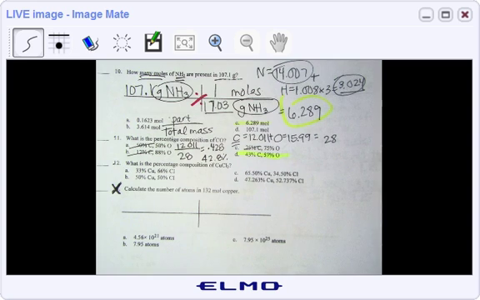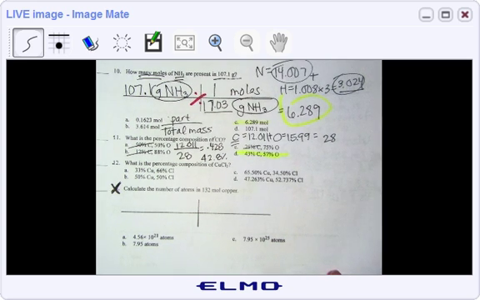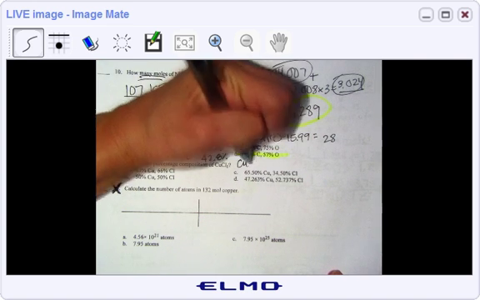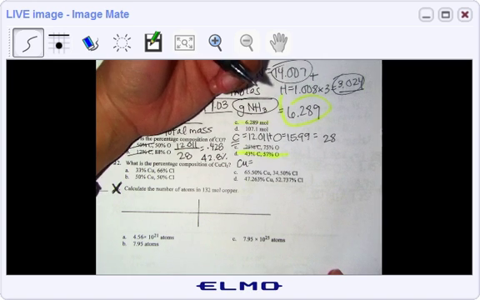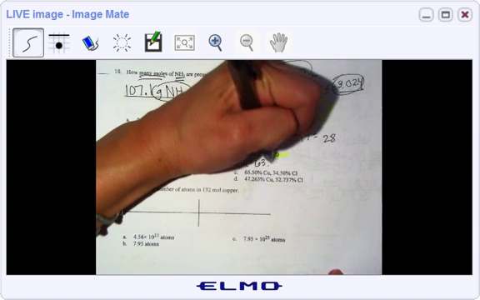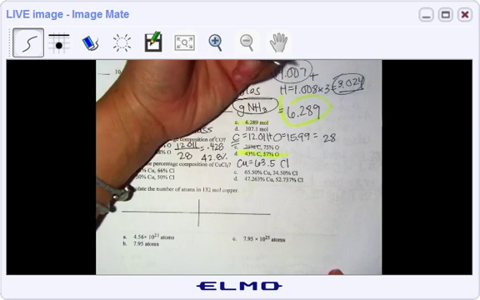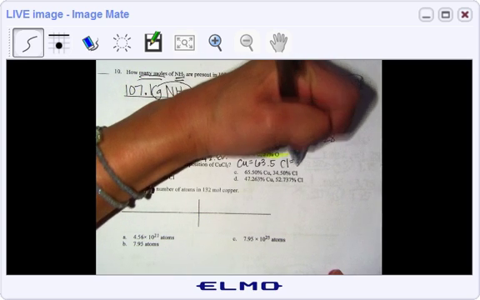I don't even need to mess around with any more calculations or figure out the percent of oxygen because it's your only answer choice. Okay, for number 12, you're going to do the same thing. Find the weight of copper. 63.5. And then chlorine, 35.4.